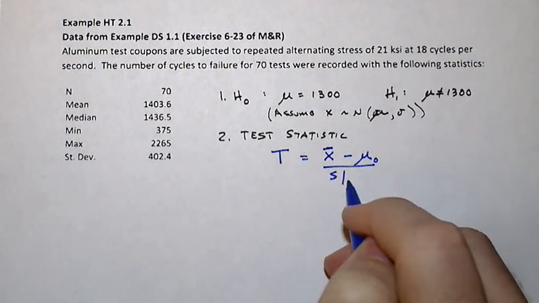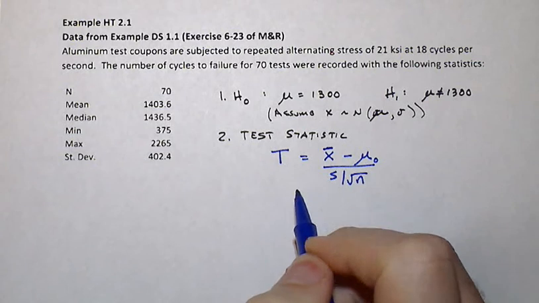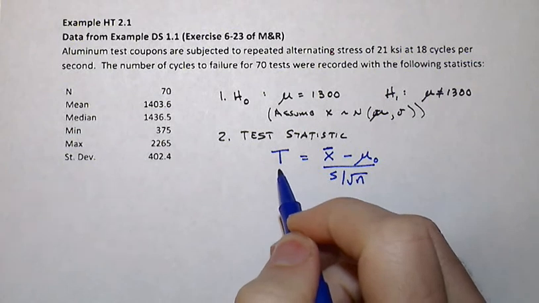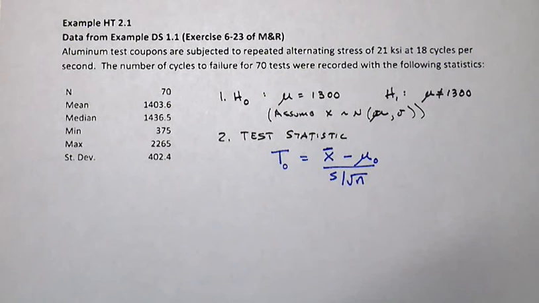So I'm going to adopt the notation of your textbook and use the subscript t null.